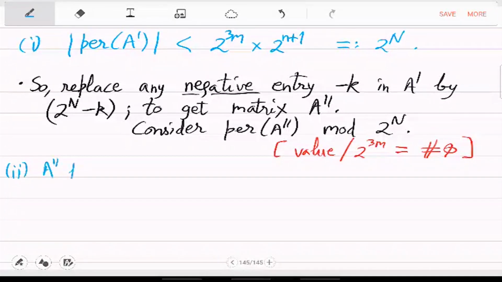So A double prime has non-negative but non-binary entries.